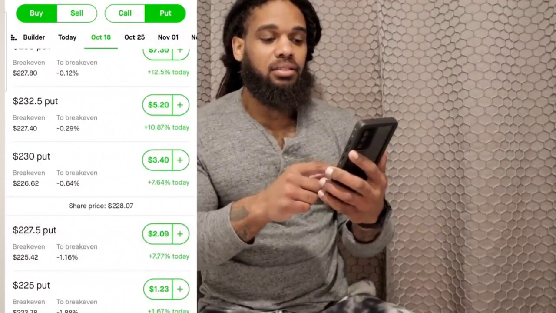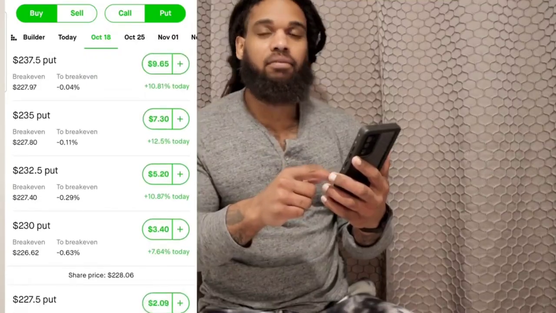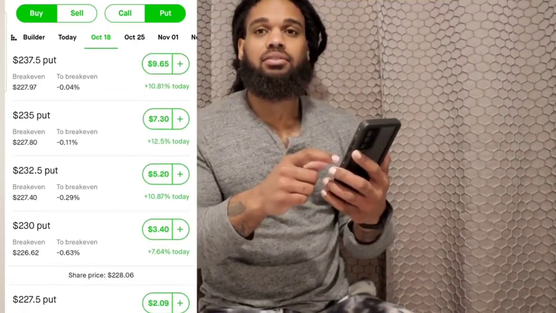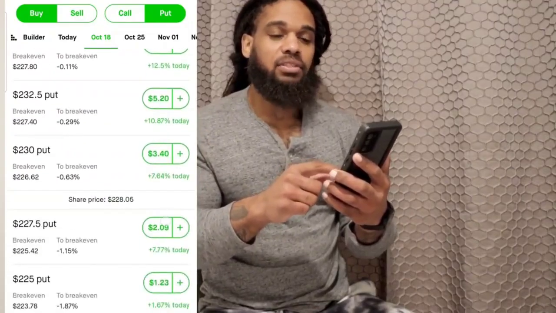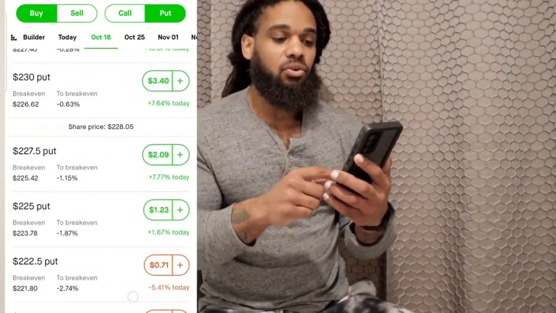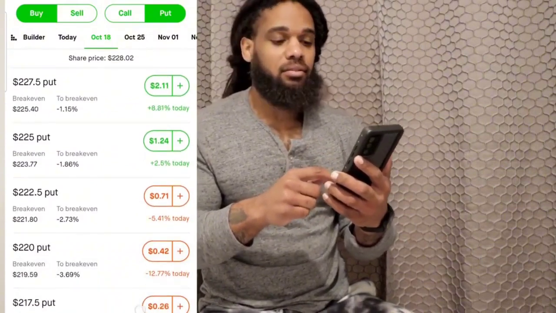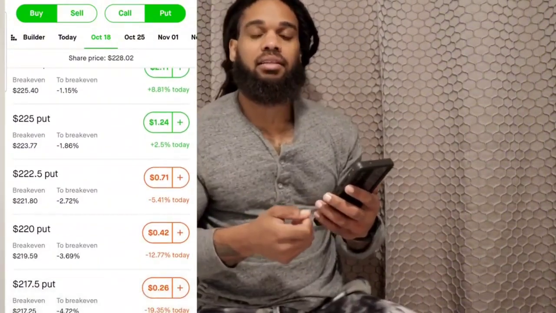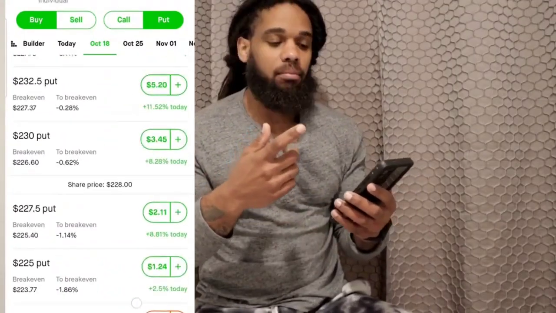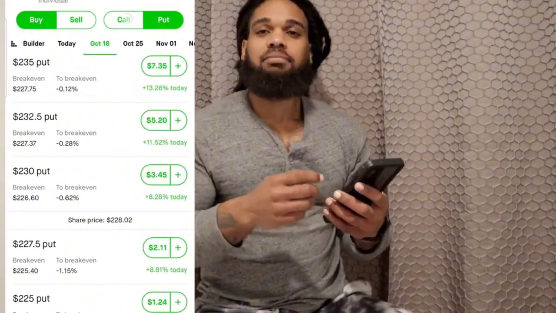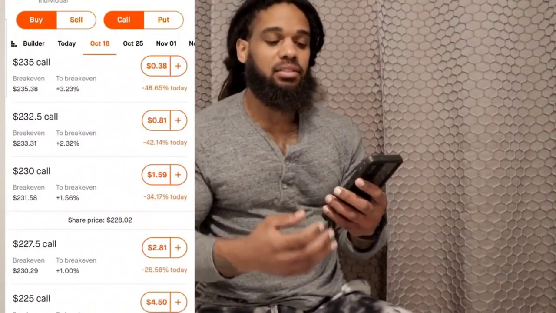The strike price that is in the money would be above the current share price, and if it's out of the money, it's going to be below the current share price. Calls are betting that the stock is going to go up, so you can make money as it goes up, and puts are betting that the stock is going to go down, so you can make money as it goes down.